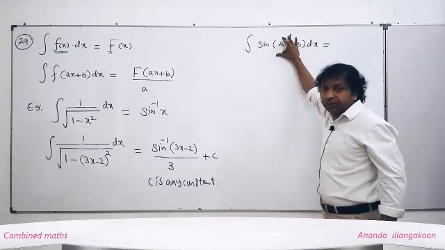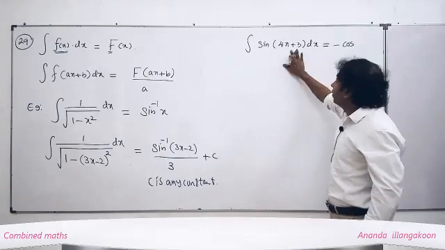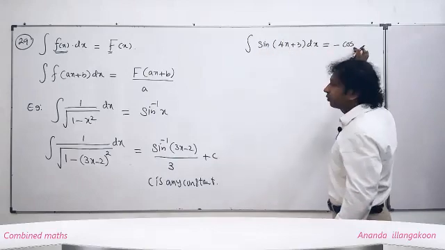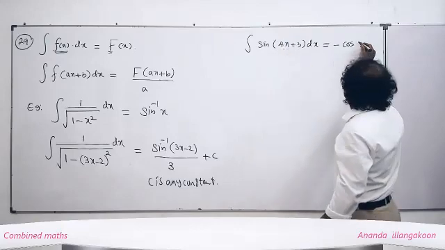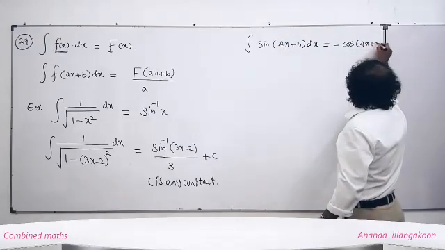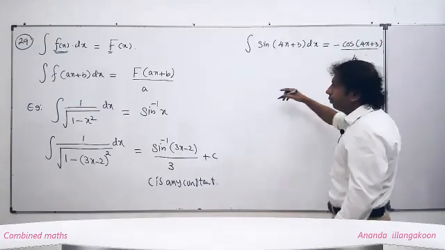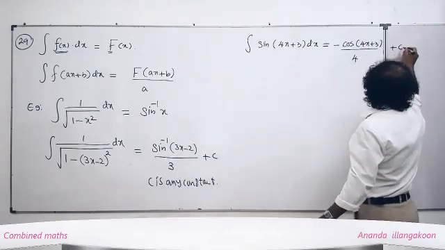Minus cos x. If we have only x here, the integral of sine x is minus cos x. But here we have a linear function for x. Then what's the answer? The same thing you must write, and that should be divided by the x coefficient 4 according to this result. Okay? Plus c, c is any constant.